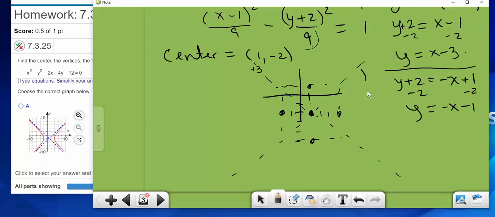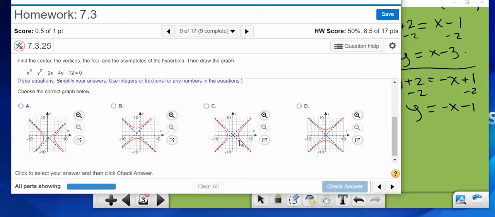Then it's x squared minus y squared, so it opens sideways. Again, this is super rough, just to get me going. So it looks like A, doesn't it? This could be C. No, that's centered at 0, 0. Yeah, it's A.